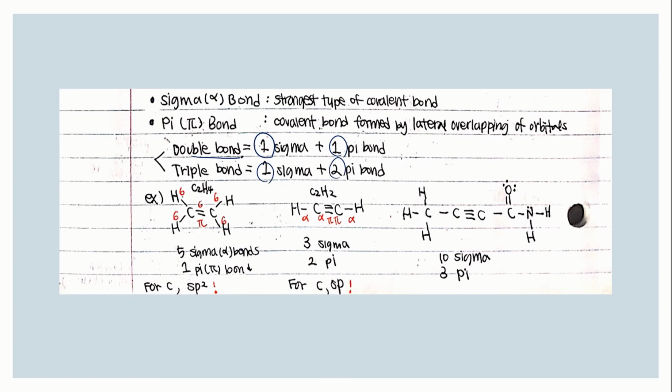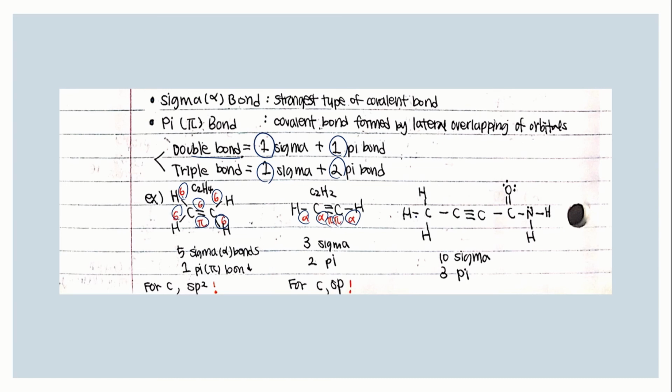So for C2H4, you will have 1, 2, 3, 4, 5 sigma bonds and 1 pi bond, because you have a double bond here, and a double bond consists of 1 sigma and 1 pi bond. And for C2H2, you'll have 1, 2, 3 sigma bonds and 2 pi bonds here for the triple bond.